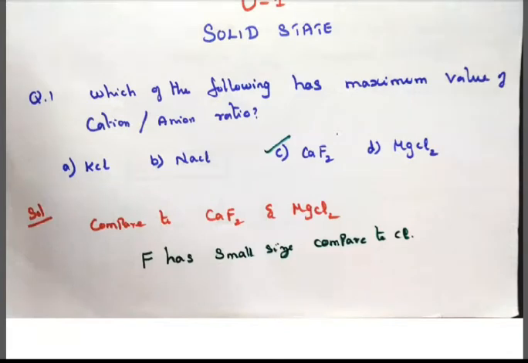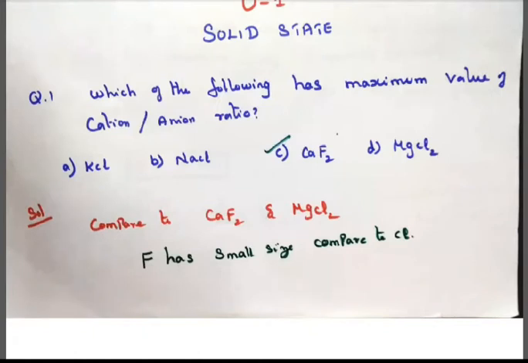So the size of the anion, Cl minus, is the same. But when you compare CaF2 and MgCl2, calcium and magnesium are alkaline earth metals, belonging to the second A group: beryllium, magnesium, calcium, strontium, barium and radium.